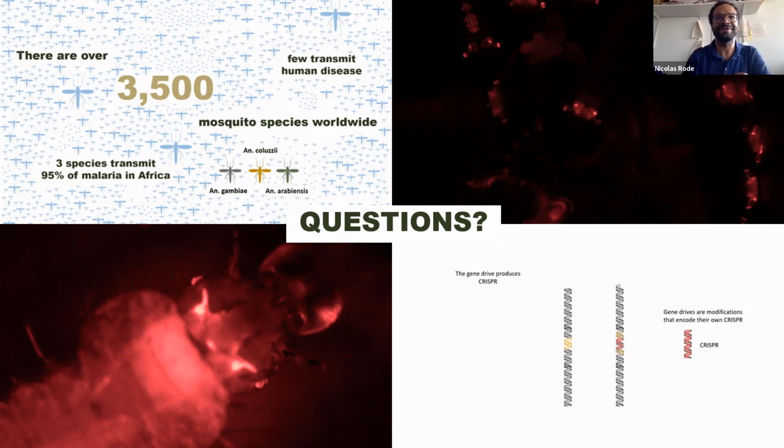Yeah, so thank you. That was very interesting. I was very curious about the difference in the mutation spectrum, or the types of mutation, between males and females. Is it because the mutation spectrum is different, so the way to repair DNA is different in general in mosquito, or in this species? Or is it because the promoter, for example, Cas9, is expressed at a different time in the cycle?